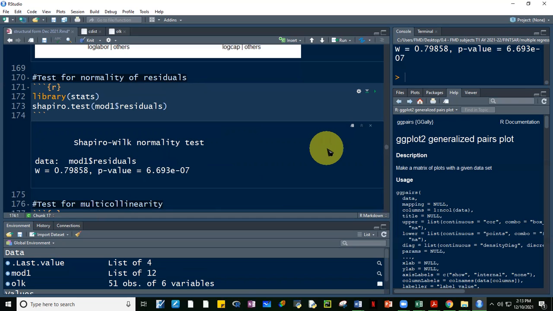If that is the null hypothesis, then our conclusion is we reject the null hypothesis that the residuals are normally distributed. It turns out that your residuals are not normally distributed. If so, kindly check what the null hypothesis is for the Shapiro-Wilk normality test.